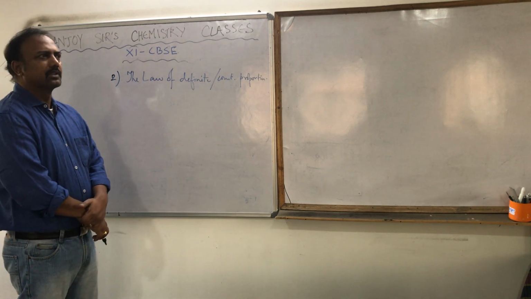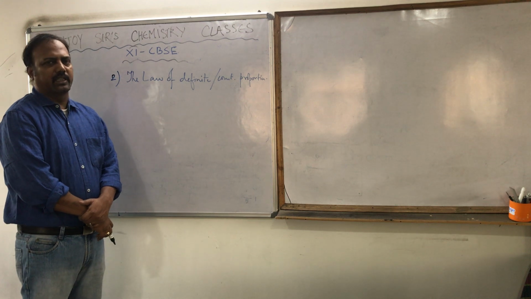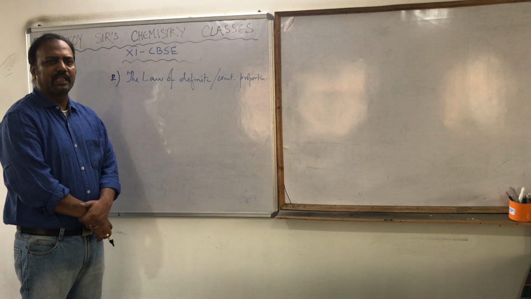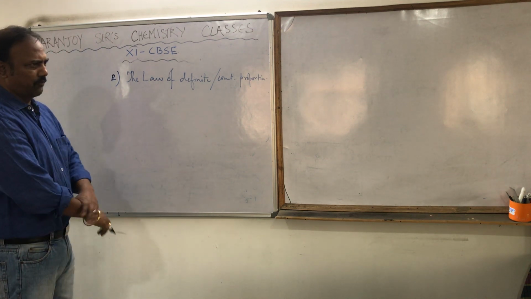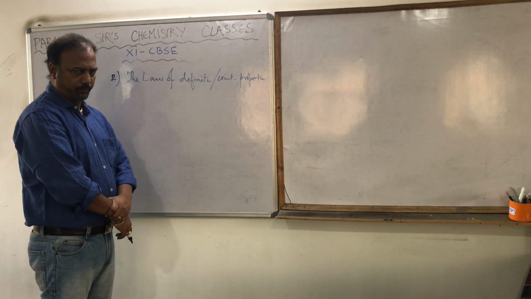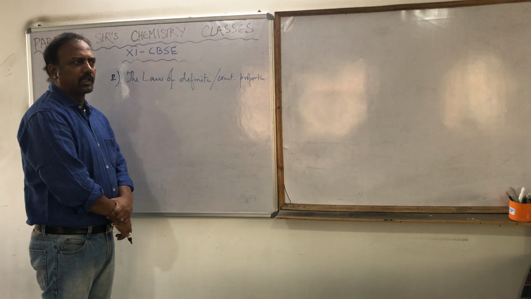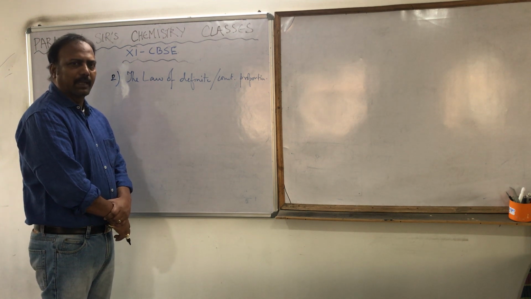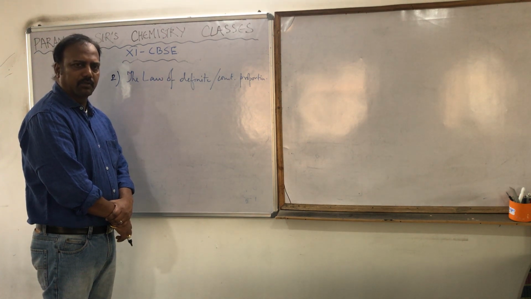Any compound can be produced chemically from any number of chemical reactions. But according to this law, it doesn't matter from where and how the compound is produced. Whichever way the compound is produced, the elements present in it will be found in a simple whole number ratio, and that ratio will be fixed.